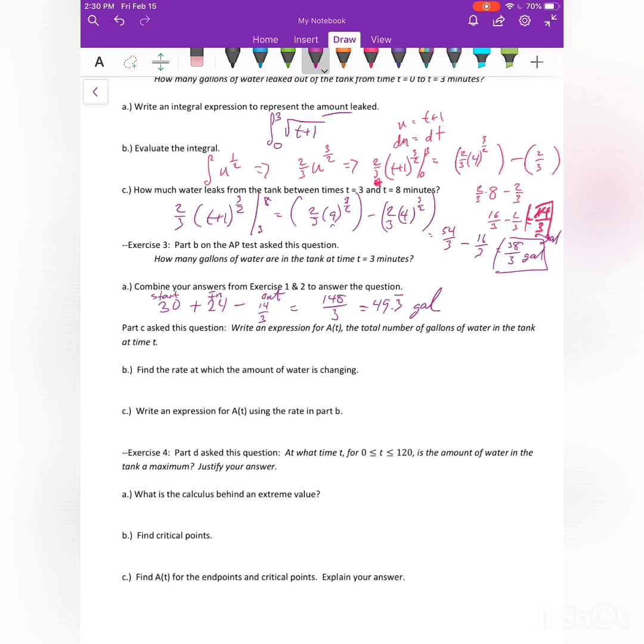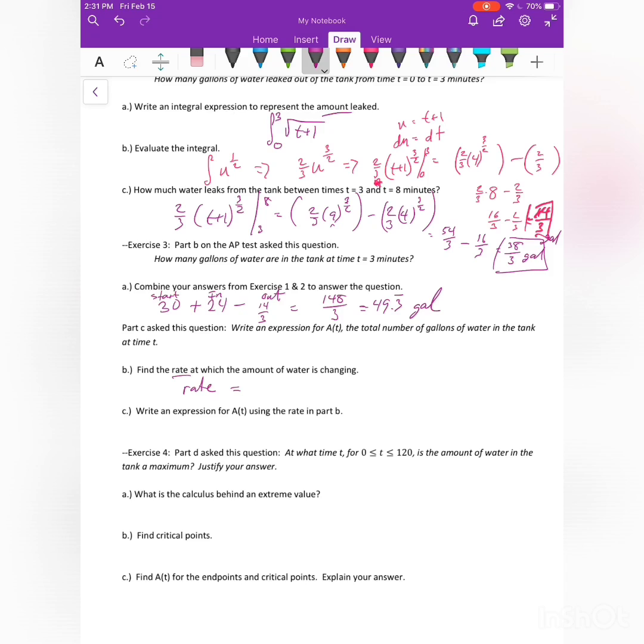All right, now moving on to a different part of this question. It says write an expression, let's call it A of t, for the total amount of gallons at any time. In order to do that, let's first find the rate at which the amount of water is changing. Let's call that just rate for now.